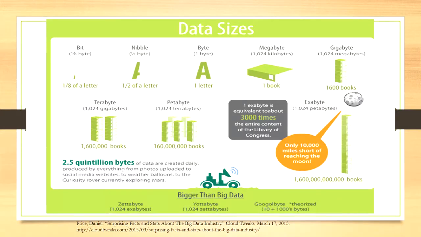This graphic just gives a sense of the different sizes of data we're talking about. We're used to thinking megabytes and gigabytes and even terabytes, but when you start thinking about these large corporations and the data they store, you're thinking more in petabytes.